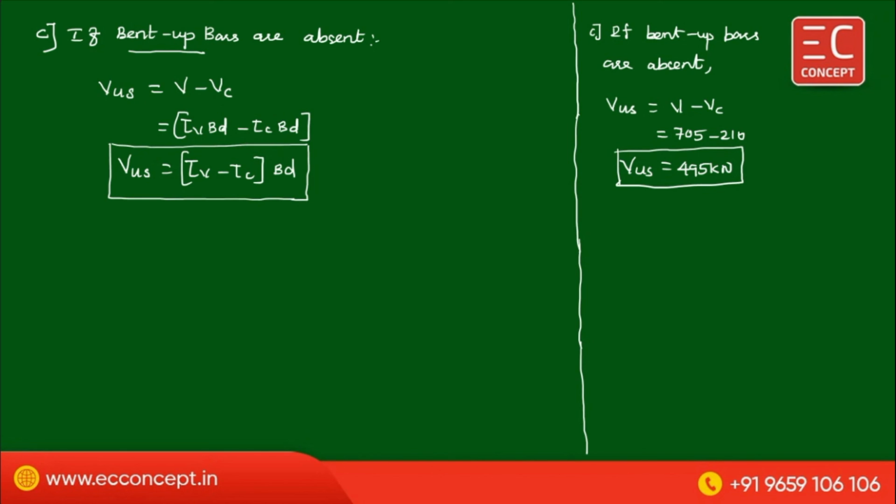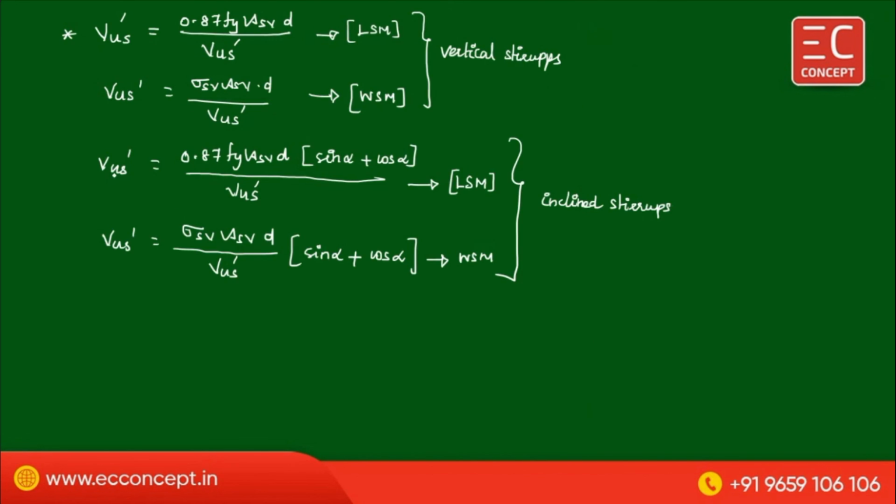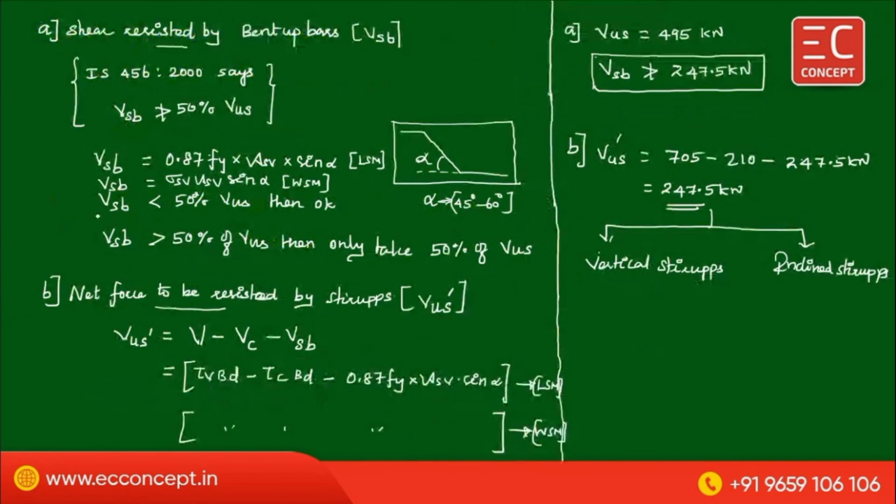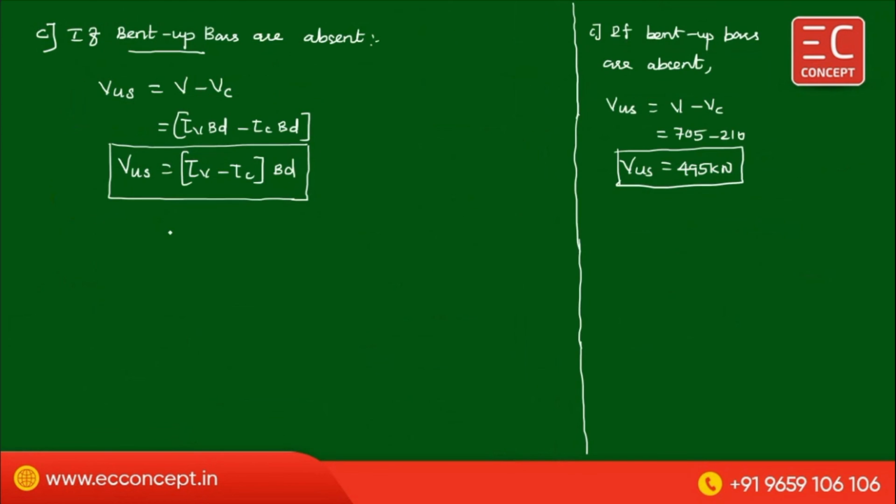Now what we can do, this is the VUS. Under this, SB is equal to 0.87 Fy ASB divided by VUS.